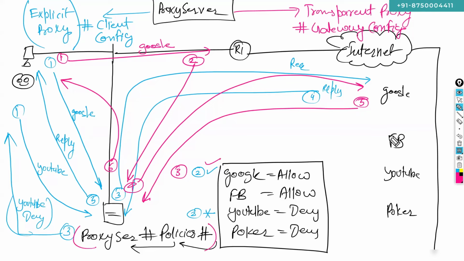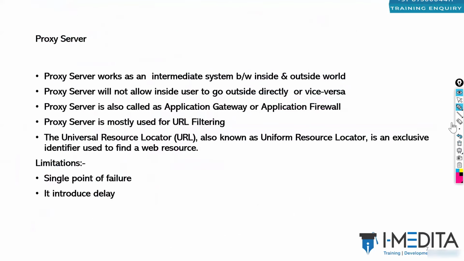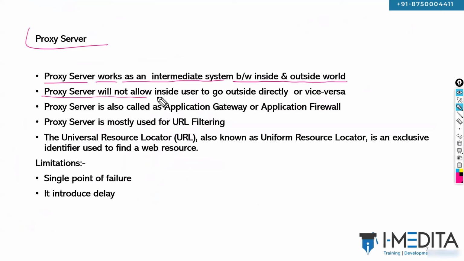So whatever we have learned about the proxy server, the same thing is mentioned here: a proxy server works as an intermediate system between the inside and outside world. The proxy server will not allow an inside user to go outside directly or vice versa.